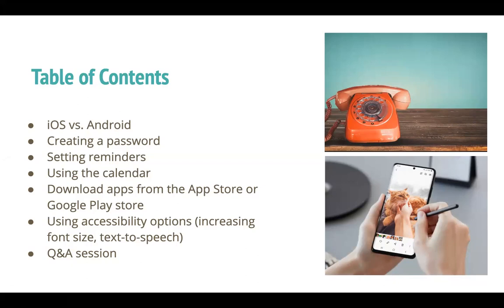We'll show you how to create a password, set reminders, use the calendar, download apps from either the App Store on an iOS device or Google Play Store on an Android, use accessibility options, and we'll also talk about phone safety before we conclude with a question and answer session.